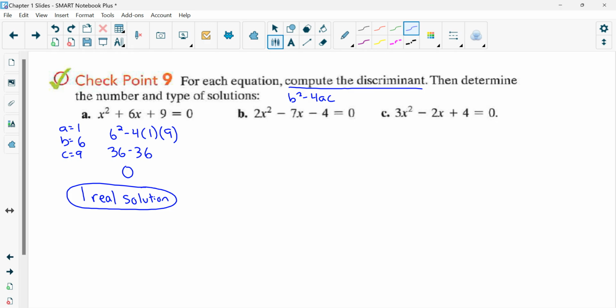For b, again, we're just writing our a, b, and c to start. A is 2, b is negative 7, c is negative 4. So b squared would be 7 squared minus 4 times 2 times negative 4.